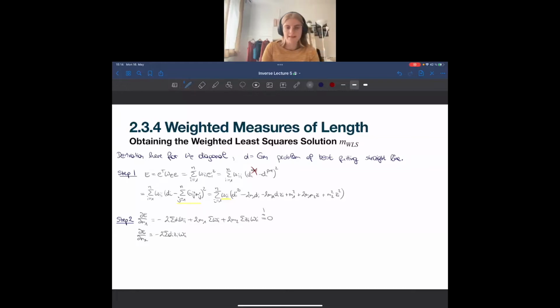So we have the sum over the di zi omega ii, then we have 2 times m1, and we have 2 m2 times zi squared. Again, this thing here should be 0.